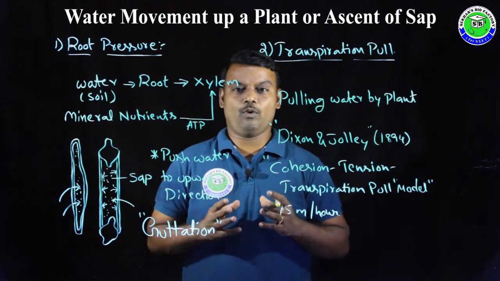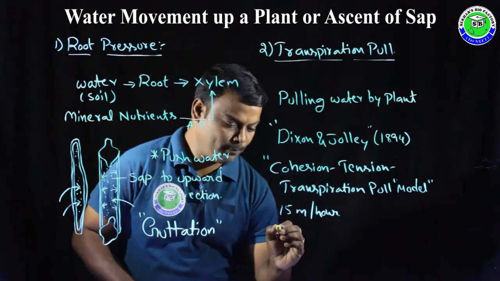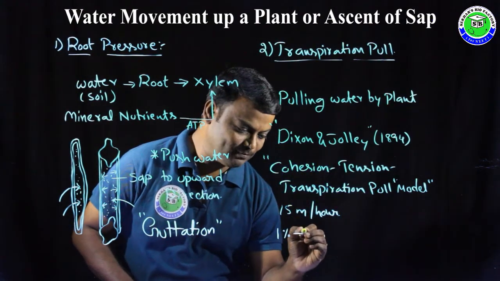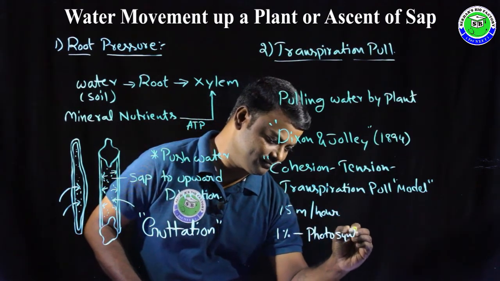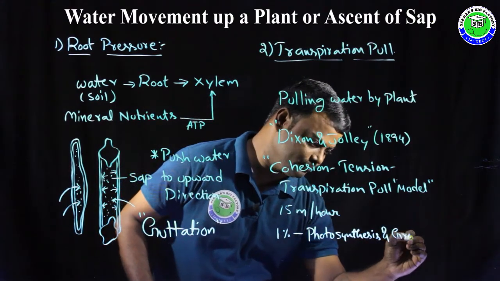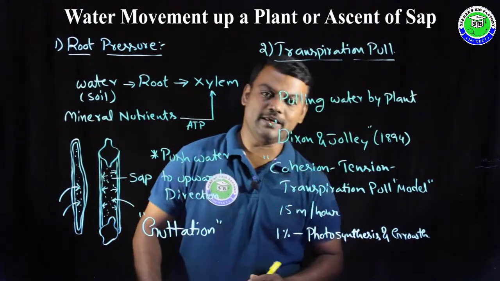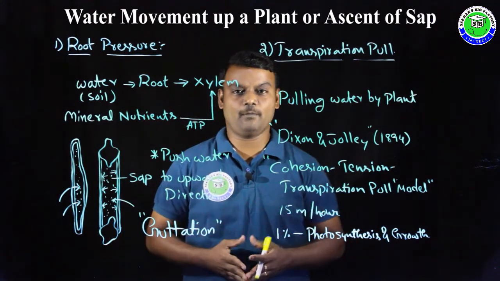Of the water absorbed from soil, just 1% is utilized by the plant for photosynthesis and growth, and the remaining 99% of water is evaporated into the atmosphere.